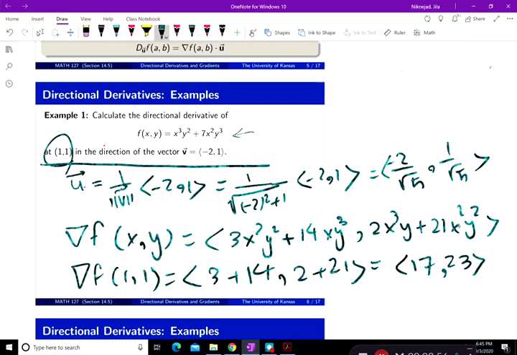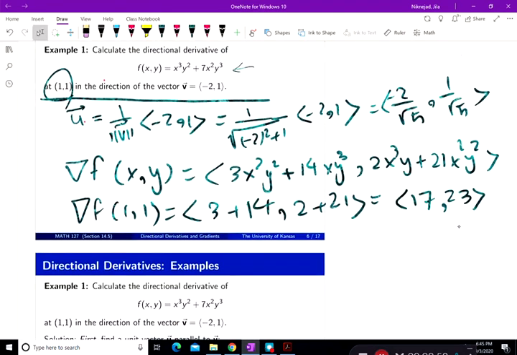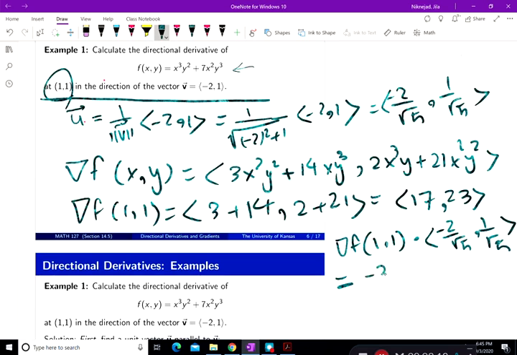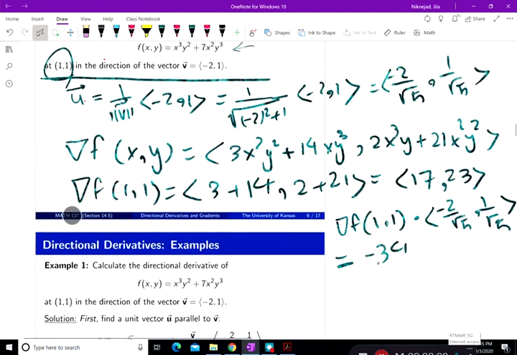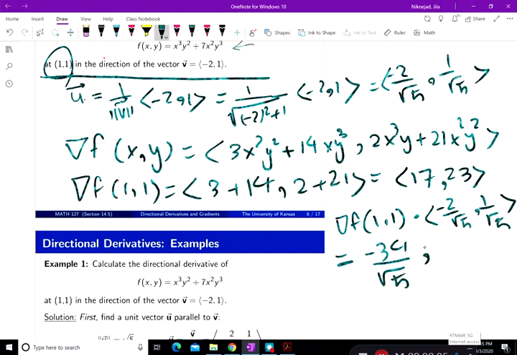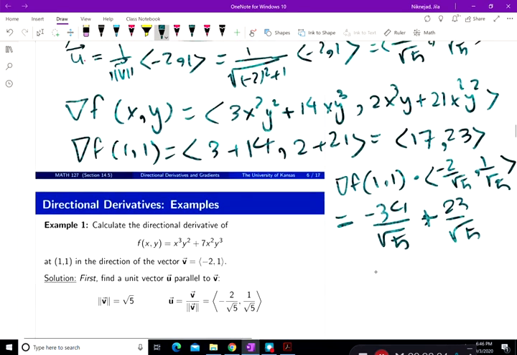Now that you found both vectors, you want to dot product them. So the gradient vector dot product the unit vector is equal to -34 over square root of 5 plus 23 over square root of 5, and that adds up to -11 over square root of 5.